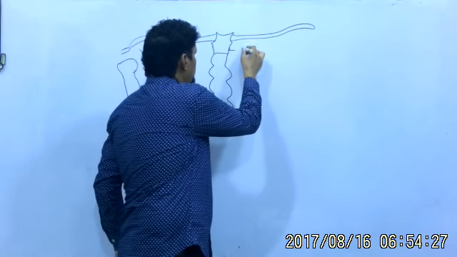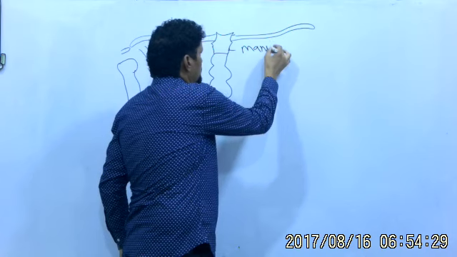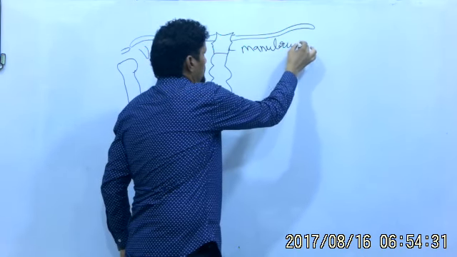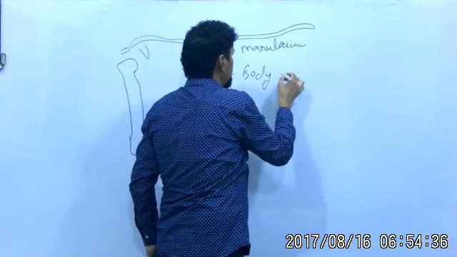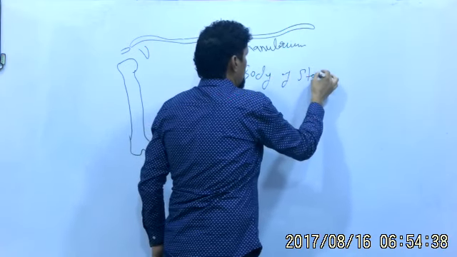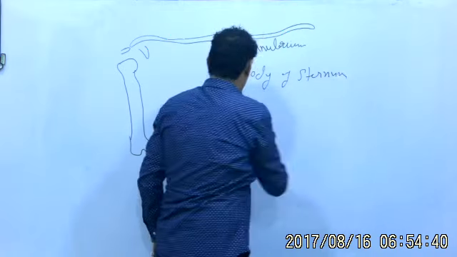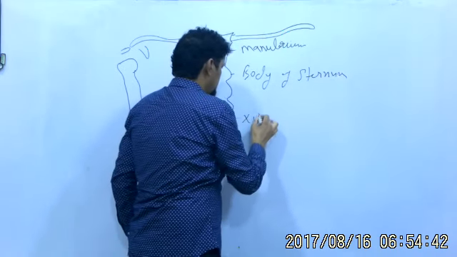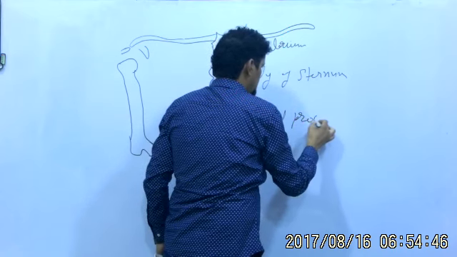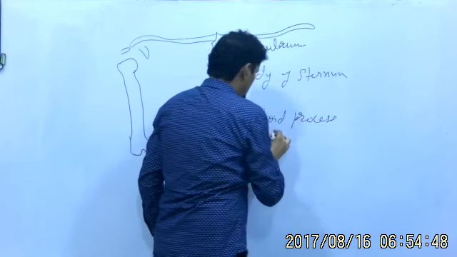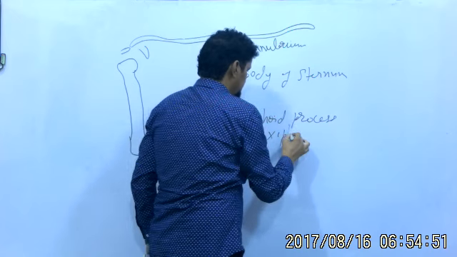So this is the manubrium. This is the body of the sternum. Here we can see the xiphoid process, or also known as xiphisternum.